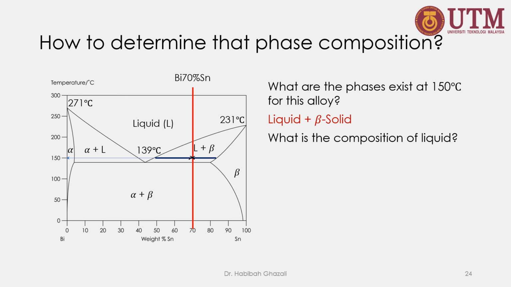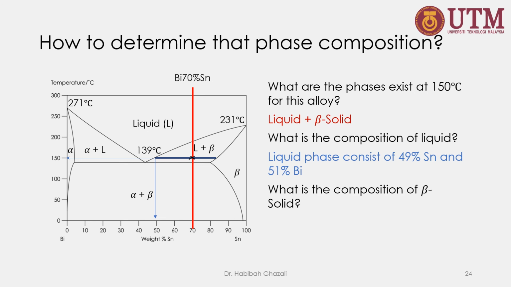So this horizontal line passes through the liquidus line, and from there I will draw this vertical line passing through the composition axis. From there I can conclude that this liquid phase at this temperature consists of 49% tin and 51% bismuth.